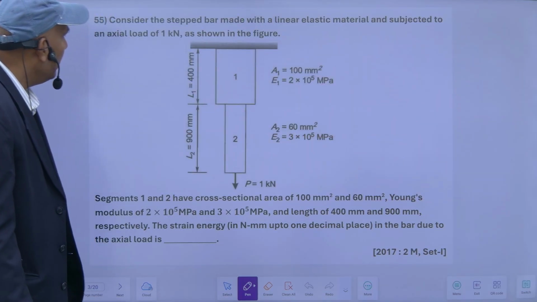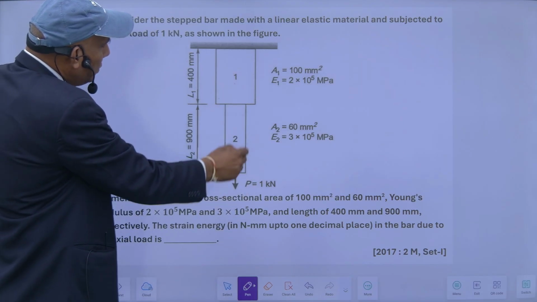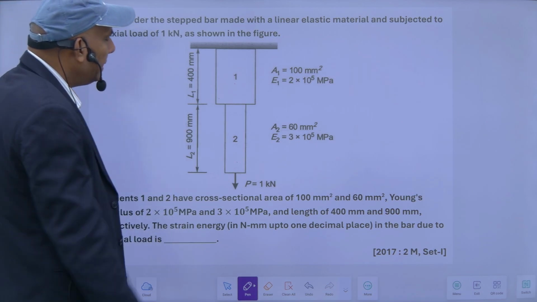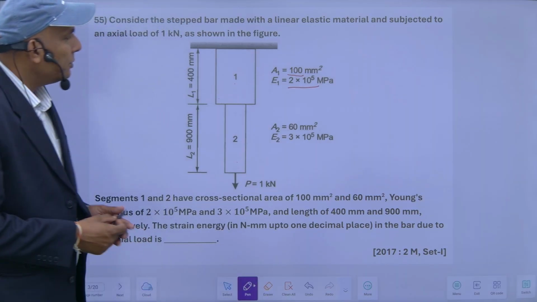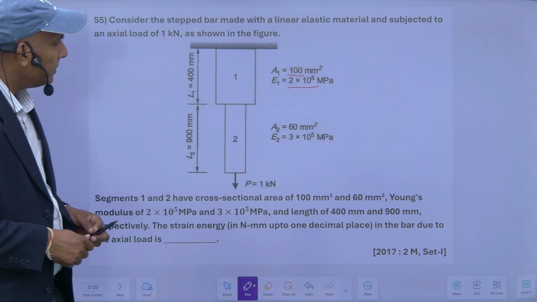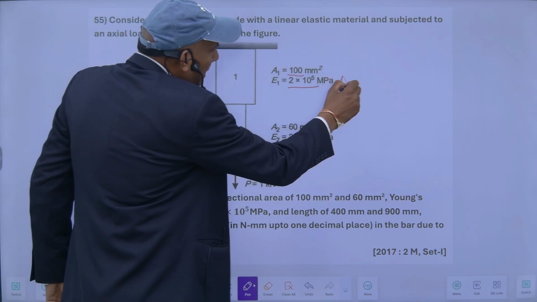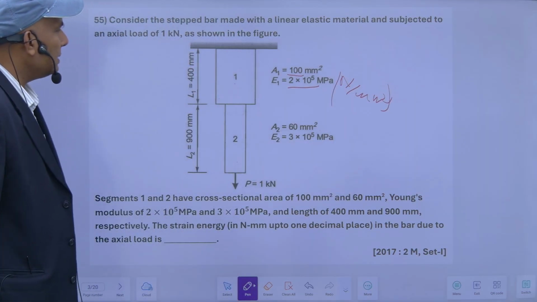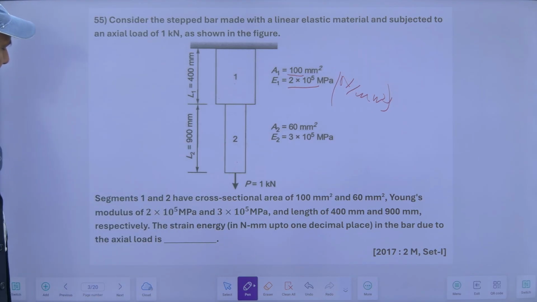Number 2, consider the stepped bar. This is my stepped bar, segments 1 and 2. This length is 400 mm, this is 900 mm, and its area of cross section is 100, and Young modulus is equal to 2 into 10 raised to the power 5 megapascal, means Newton per mm square. There is an axial load of 1 kilonewton as shown in the figure.